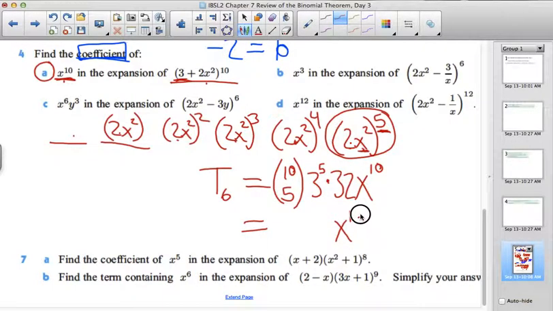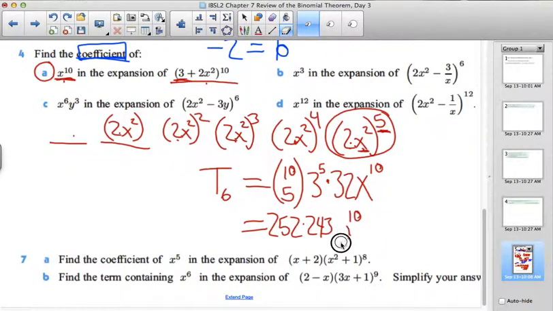So we know this is going to be x to the 10th. We have to calculate all this out. 10 choose 5, that's 252, times 3 to the 5th, which is 243.